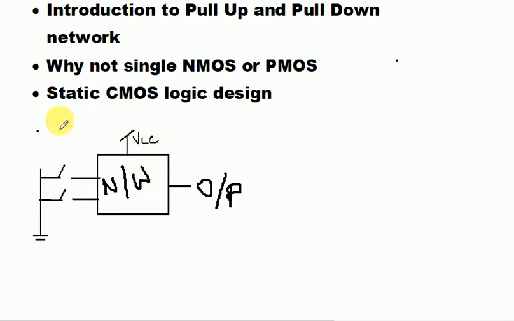So let me tell you first why we use this. Consider this is a digital network with two inputs. There are two switches A and B, and this is my source VCC, say 5 volt, and this is my ground, and there is the output. These pull up and pull down networks are used to bias my floating points.